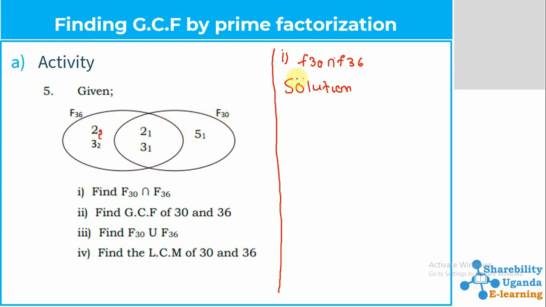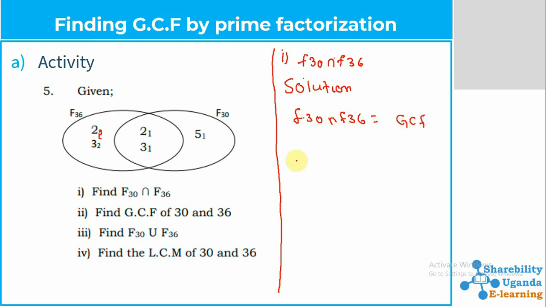So we should also be able to find those that are in the intersection. When we say intersection, we simply mean those that are appearing in both sides. They are the ones we are going to consider. So the prime factors of 30 intersection the prime factors of 36 is going to be equal to our GCF.